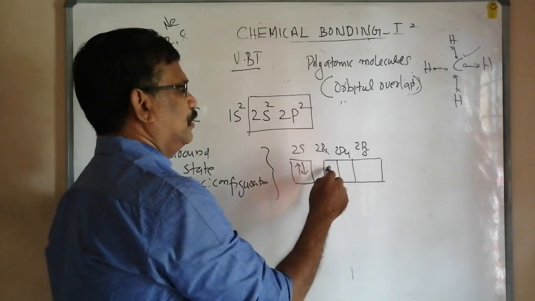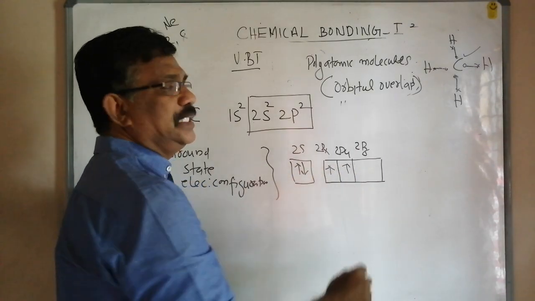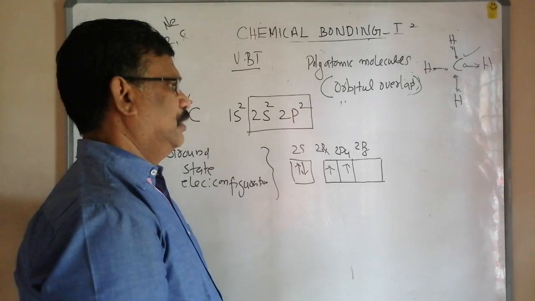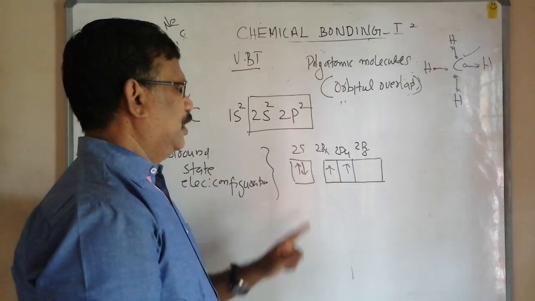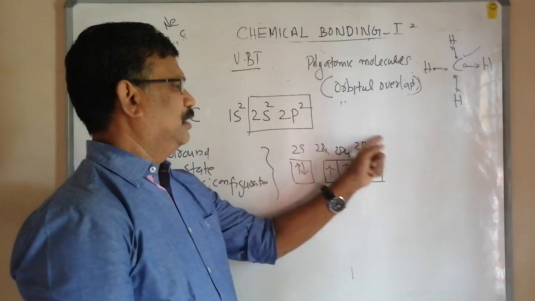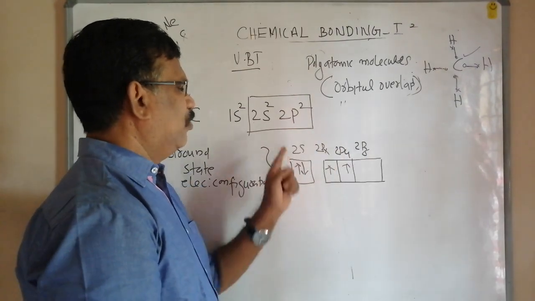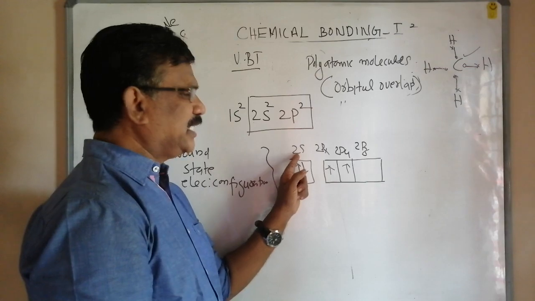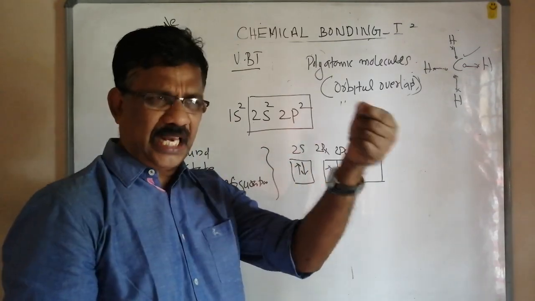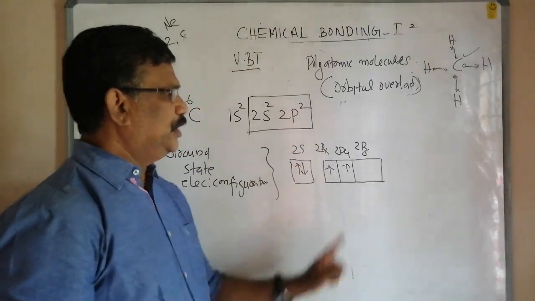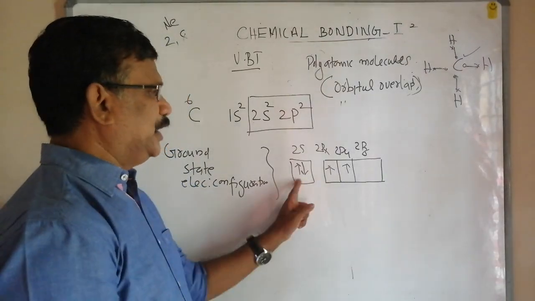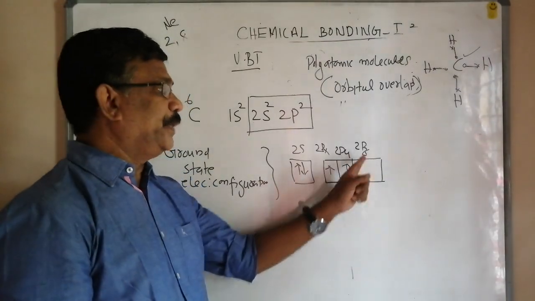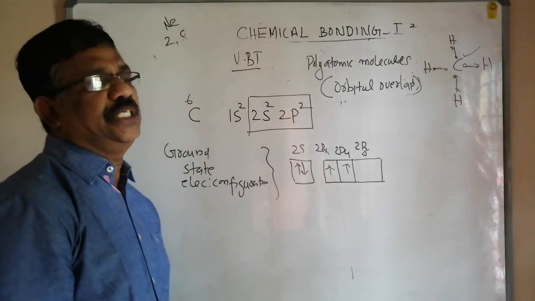This is the ground state. So the orbitals with almost the same energy, 2s and 2p, are the valence orbitals, with only a slight energy difference between s and p. So this is the ground state electronic configuration, 2s2, 2p2. The 2pz is vacant in the ground state.